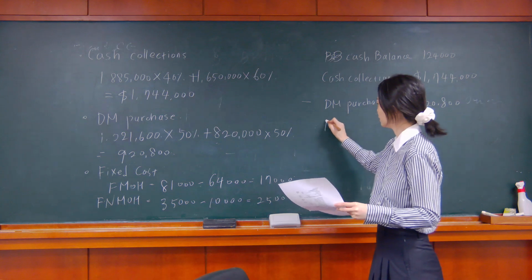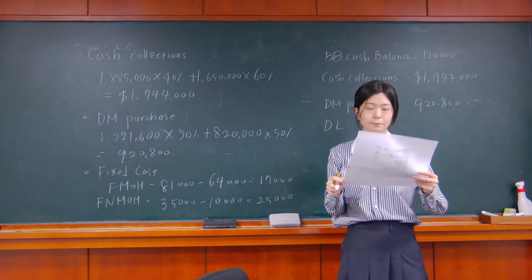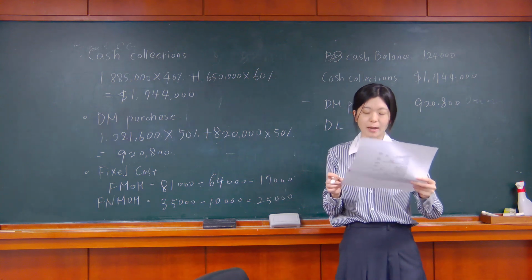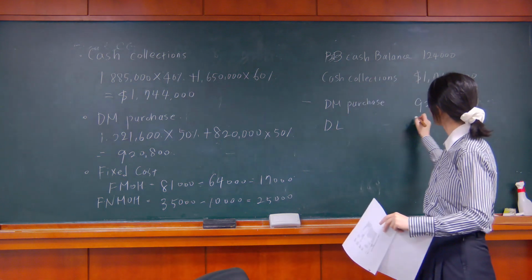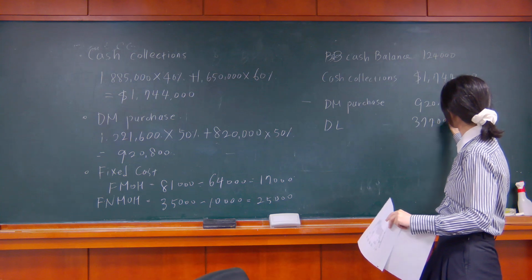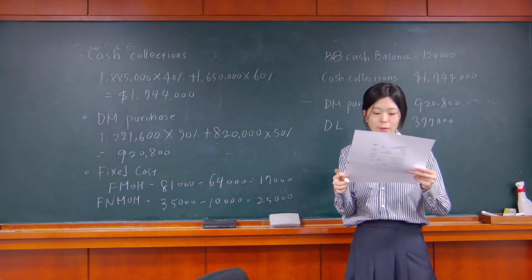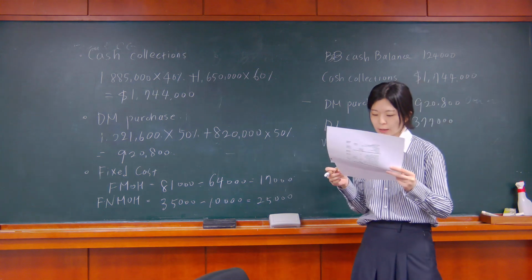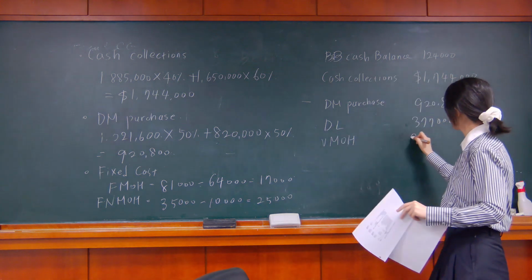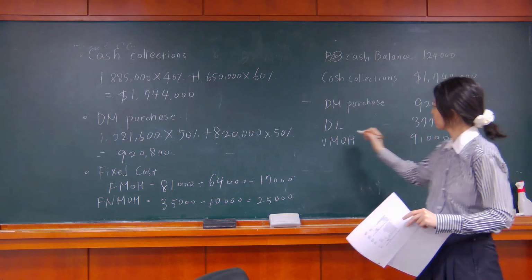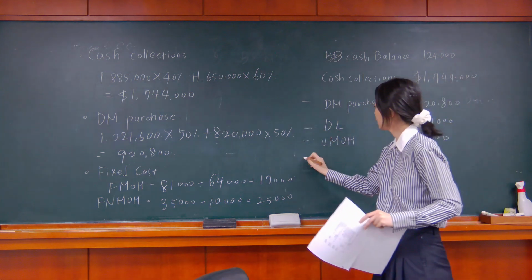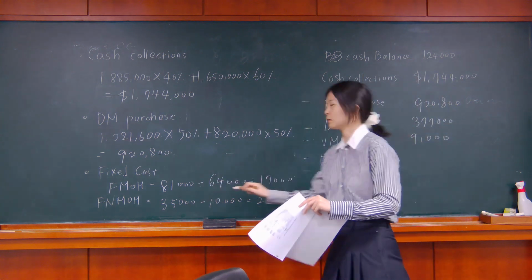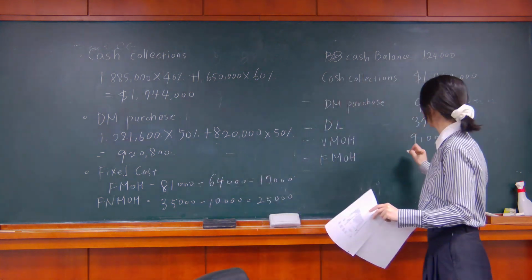So DL will be also paid all in cash. From the chapter 6-42 problem, we have already calculated it as 377,000. Now the variable MOH also comes. We have already calculated it as 91,000. These are all subtractions. And then for fixed MOH, instead of using this one, we are using 17,000.